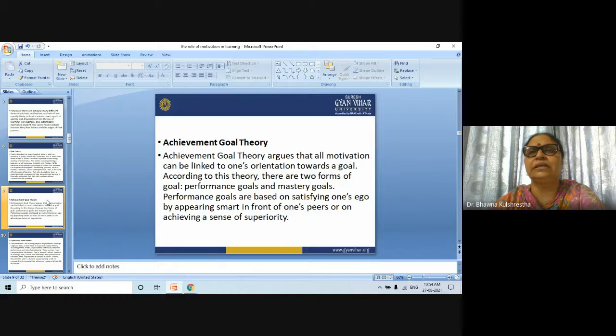And mastery goals are as they sound, motivated by a desire to fully master a skill or concept. A student with mastery goals will finish a project when they are proud of it rather than when it meets the minimum requirements.